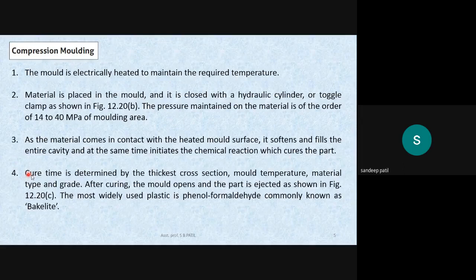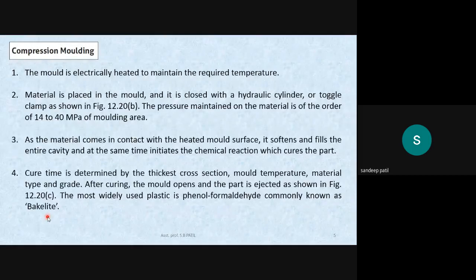The cure time is determined by the thickest cross section, mold temperature, material type, and the grade of the material. After curing, the mold opens and the part is ejected. The most widely used plastic is phenol formaldehyde, commonly known as Bakelite.